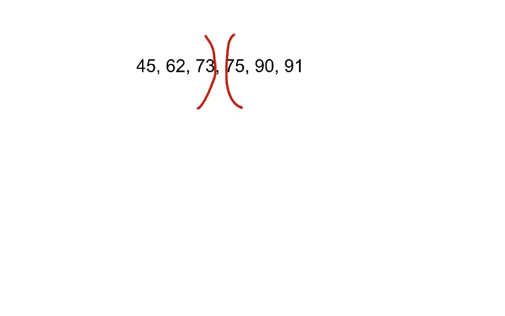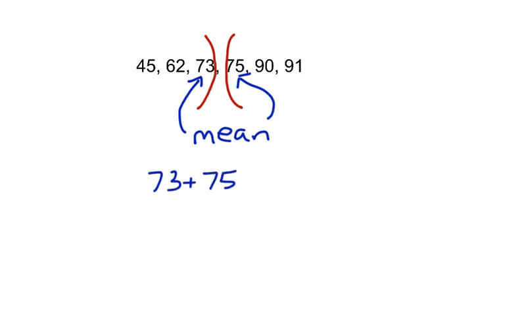Now, this might sound a little strange, but to find the median of this data set, we are going to find the mean of the 2 points that are closest to the middle. So we're going to take those 2 numbers, the 73 and the 75, and find the mean of those 2 numbers, and that is going to be the median of this data set.